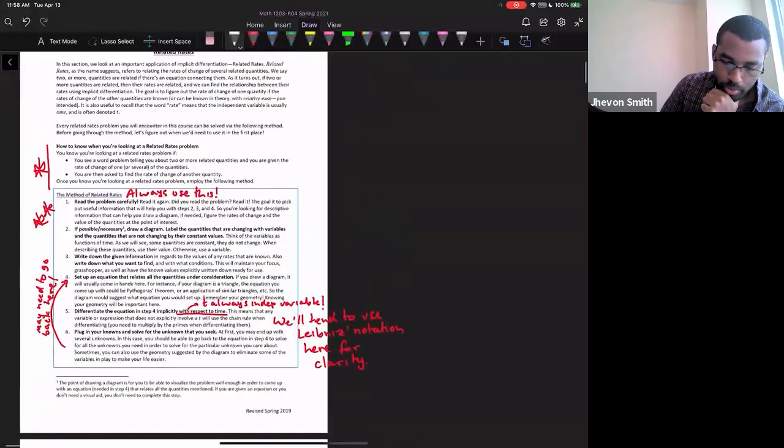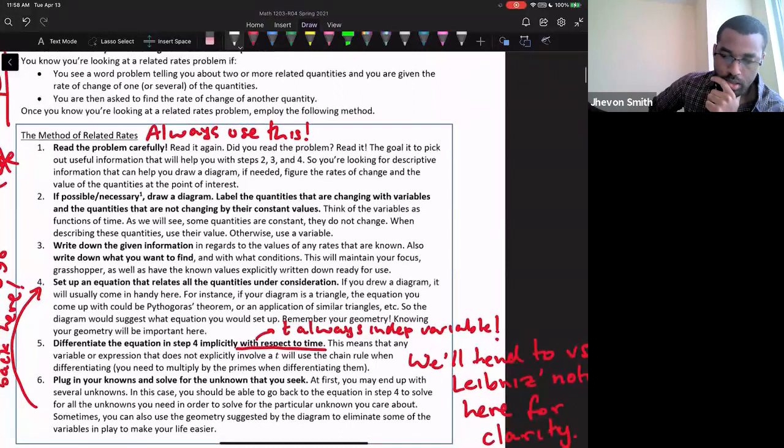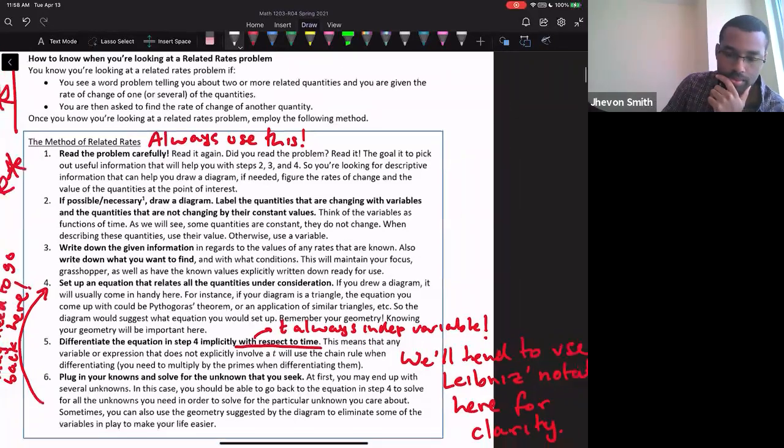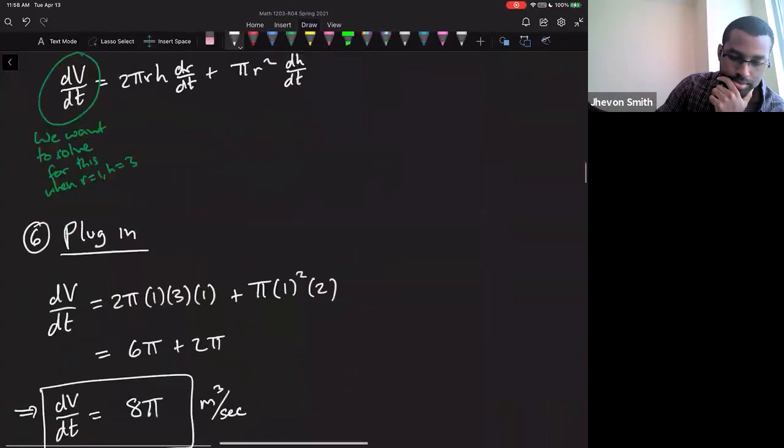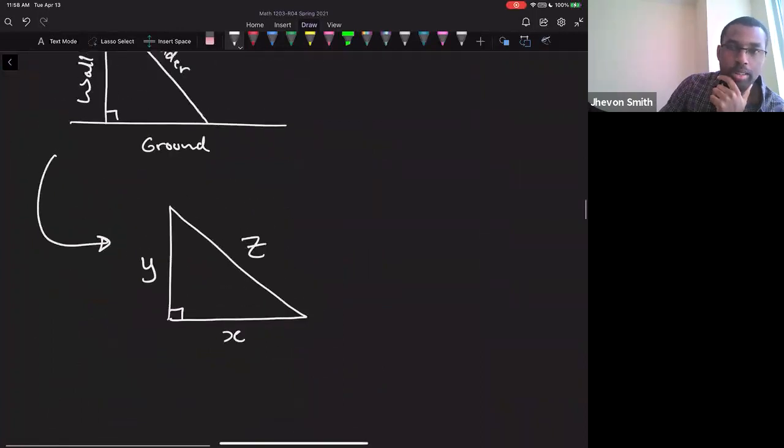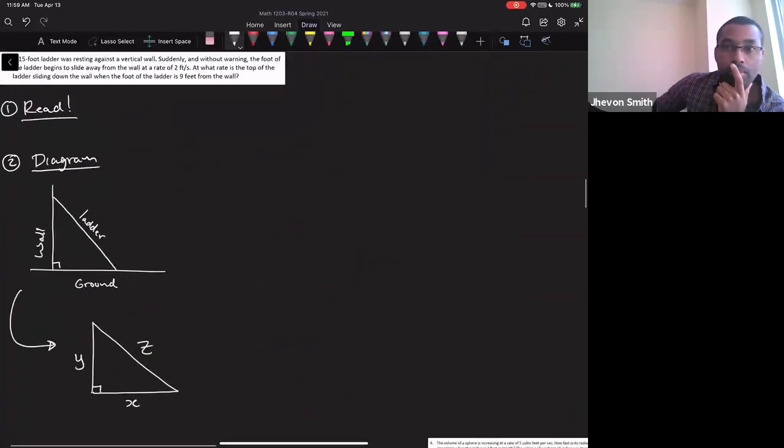So go back to that table, which eventually you'll have memorized. Reading that, you see: if possible or necessary, draw a diagram, label quantities that are changing with variables and quantities that are not changing with their constant values. So what would you label the hypotenuse? 15.